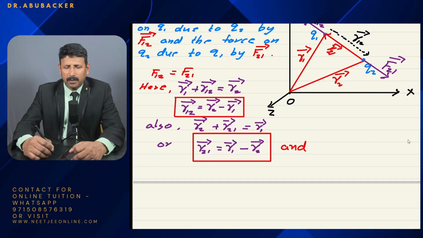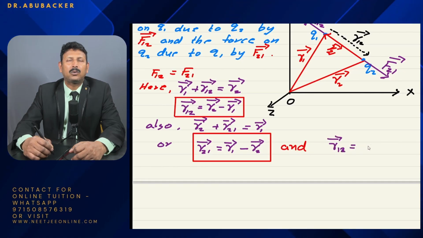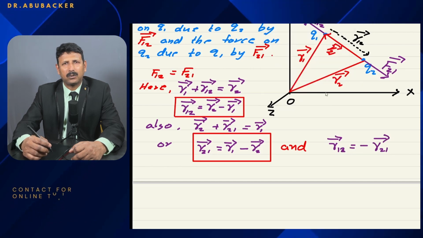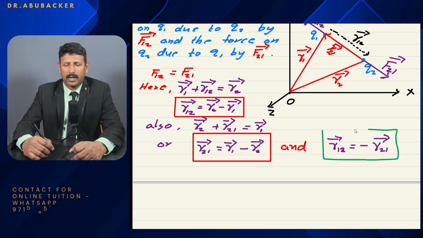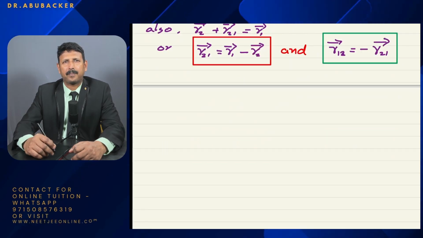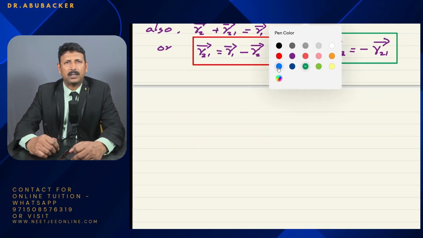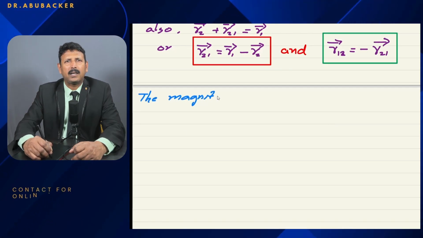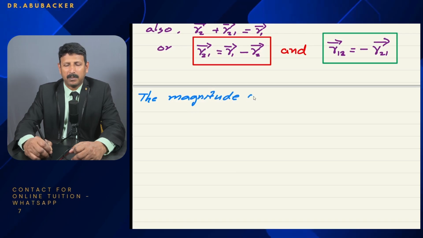Now we are going to write the magnitude. Maybe whoever is taking mathematics remembers how to write the unit vectors. Other students, spend a little time with Google and understand how to write the unit vectors and the magnitude of vectors. So here I am going to write that. The magnitude of vectors R12 and R21 is denoted by, you remember the magnitude, right?